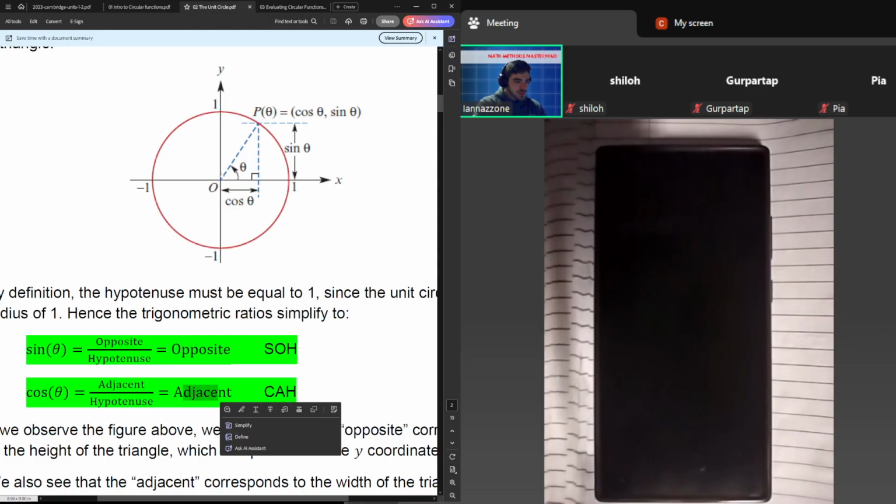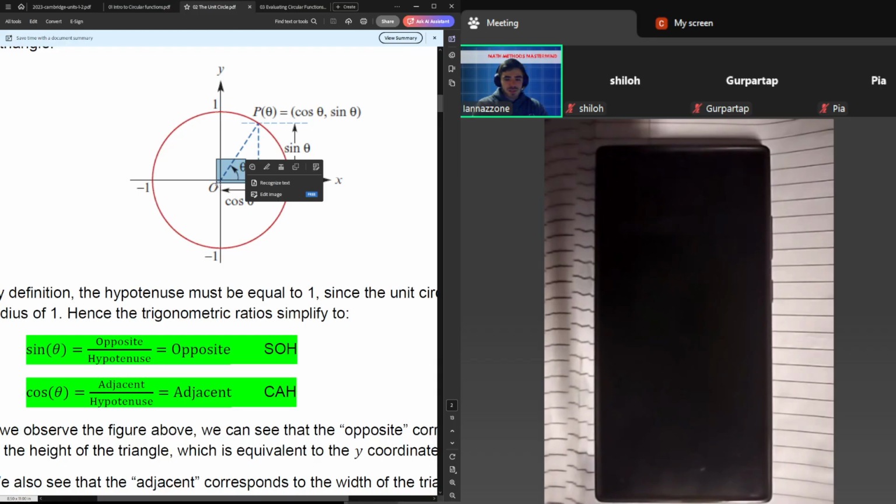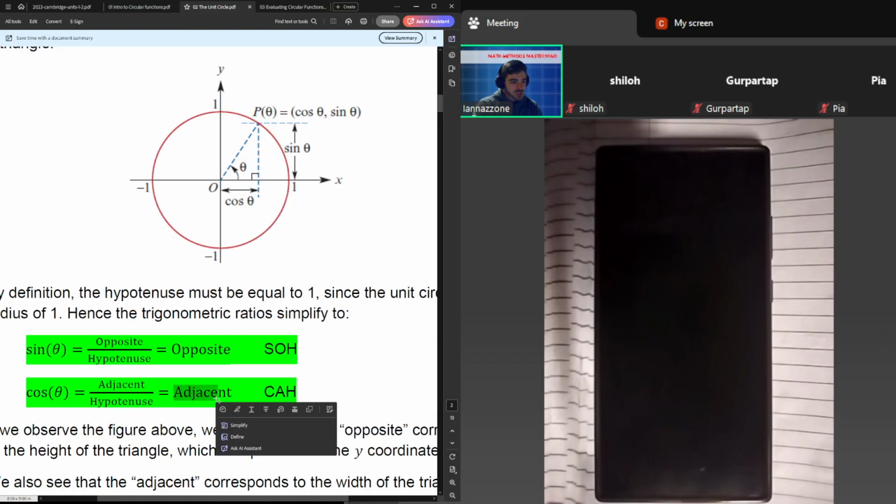Now, worth pointing out, theta is always taken with respect to the origin, and it's in an anti-clockwise direction from the x-axis. So you've got origin, and it's going in that direction. And so this is considered the opposite side, and this is considered the adjacent side. So if adjacent is cos, then that's got to be cos.